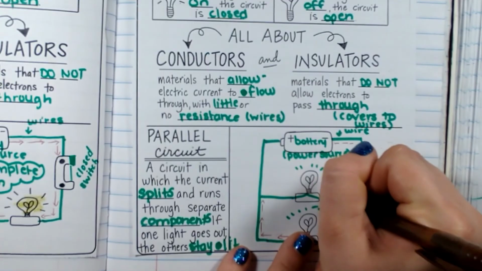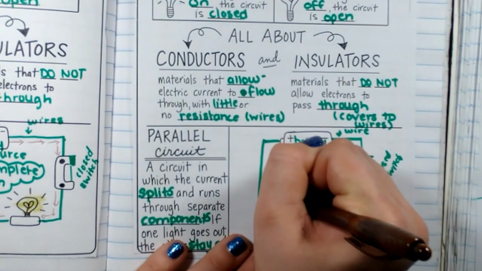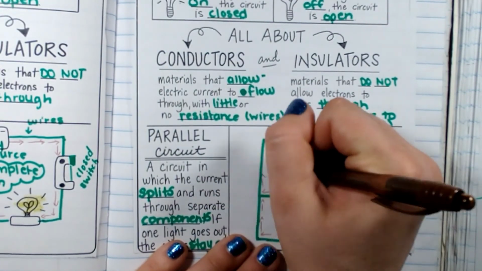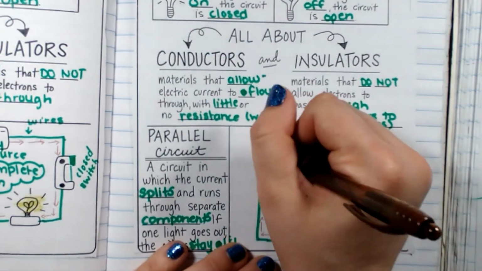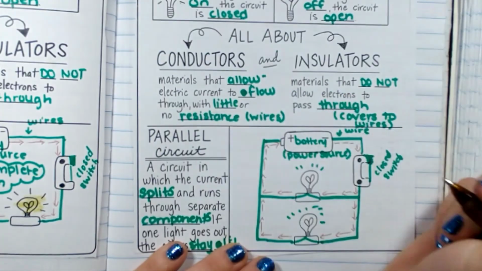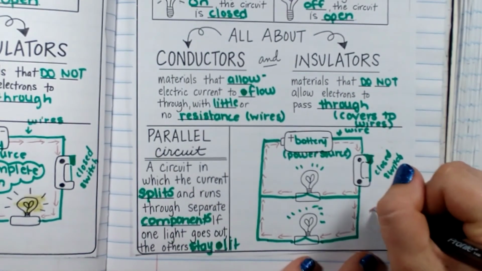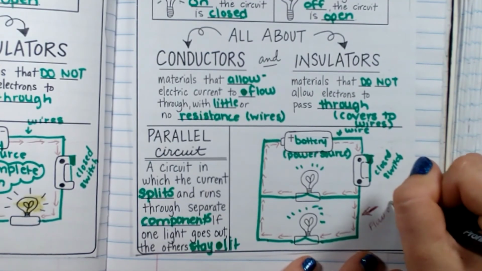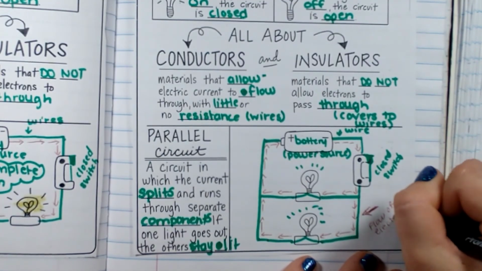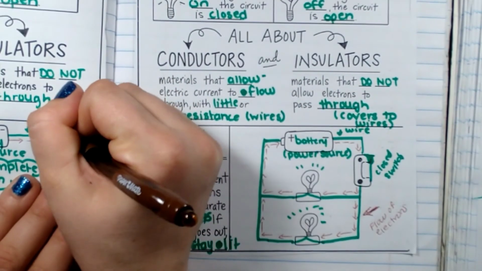The flow of electrons can go this way, and this light bulb could still stay on. If this light bulb was broken, then it could go this way in an alternate path. Okay? So this right here is the flow of electrons, and I'm going to put that over here too.